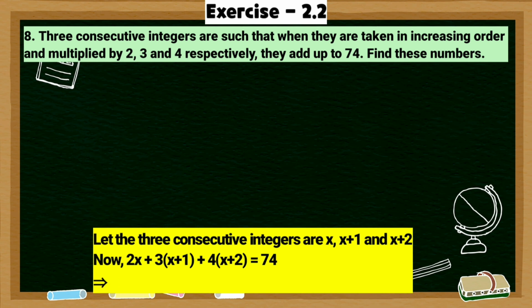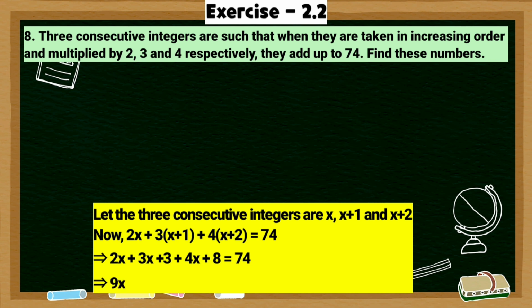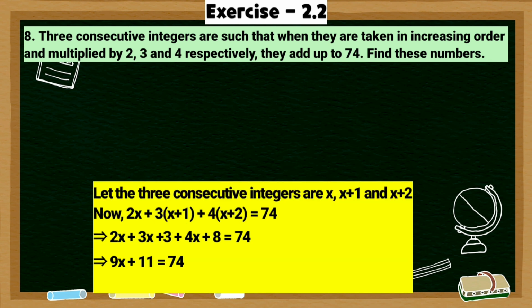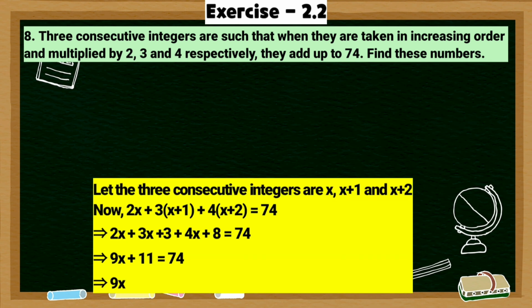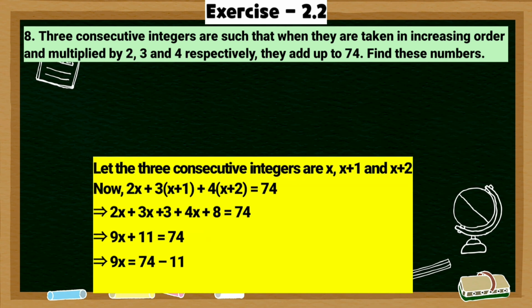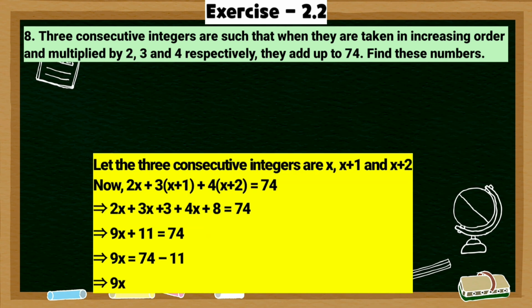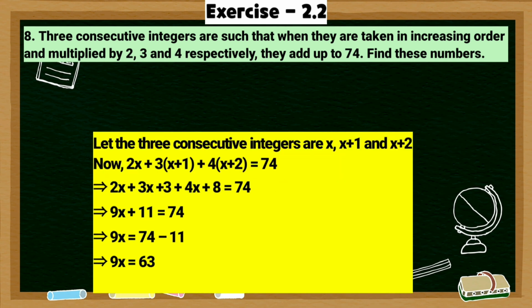Now on solving you will get 2x plus 3x plus 3 plus 4x plus 8 is equal to 74. आपने यहाँ पर डिस्ट्रीब्यूटिव प्रॉपर्टी यूज़ की. नाउ x वाले टर्म को ऐड करोगे, you will get 9x plus 11 is equal to 74. 9x is equal to 74 minus 11. 9x is equal to 63.